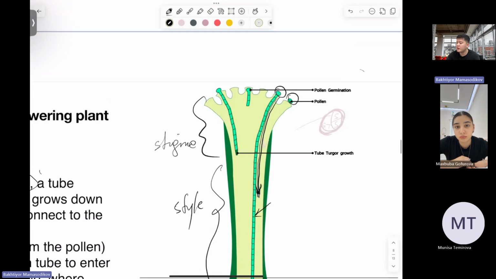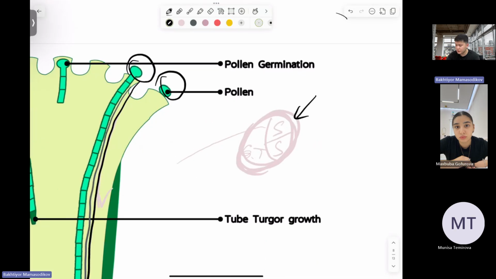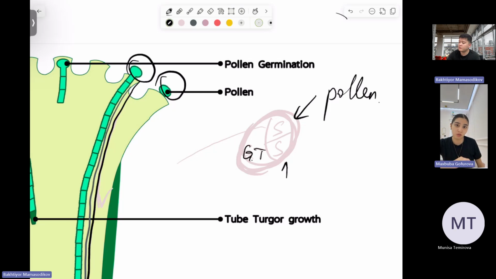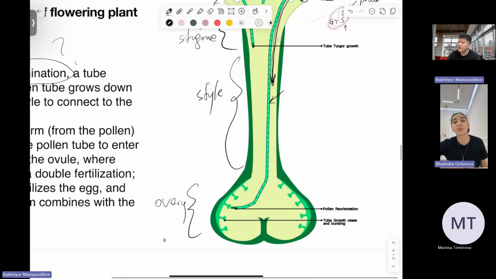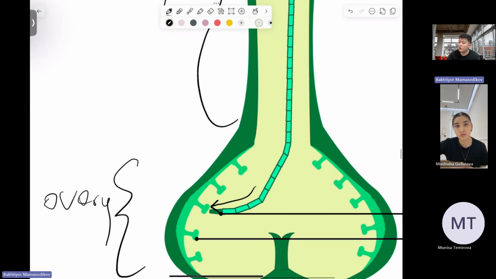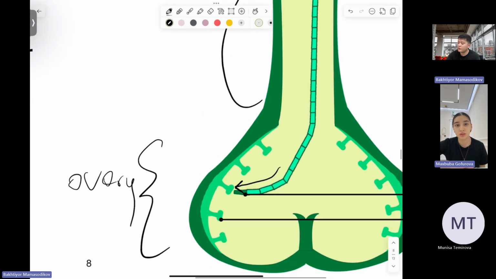Where is the growing tube happening? It's starting in the pollen. Inside of the pollen there are two sperm cells and the growing tube cell. They are going to grow one tube inside, and they will reach the ovary, specifically the ovule.